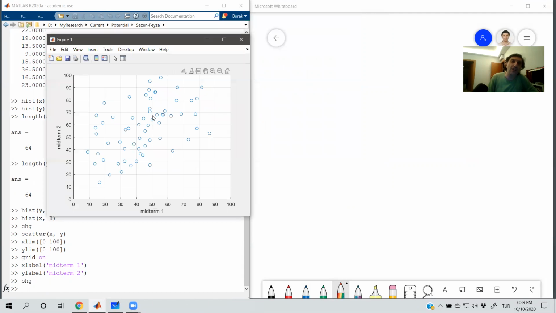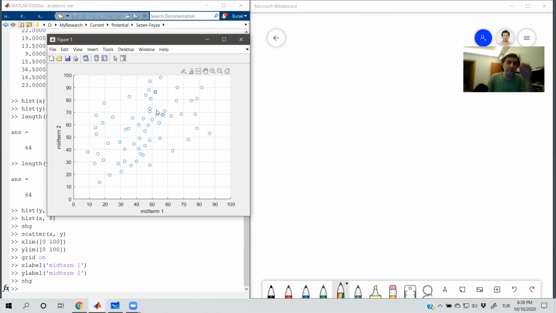Note that if you only would like to examine the relation between those two midterms for that specific semester, you can apply all these descriptive statistical tools that I tried to introduce at the very early stage of this course.